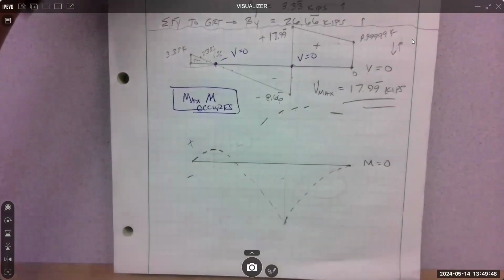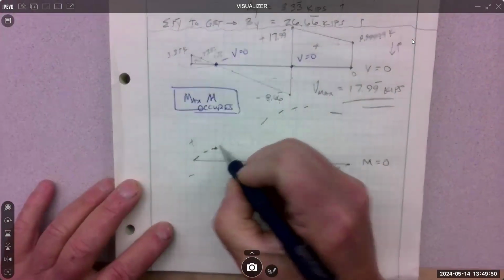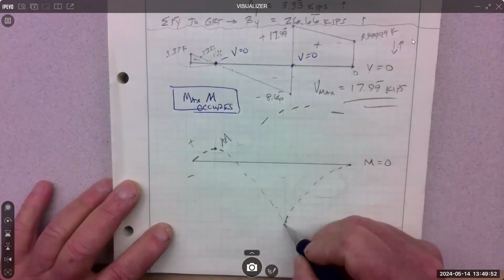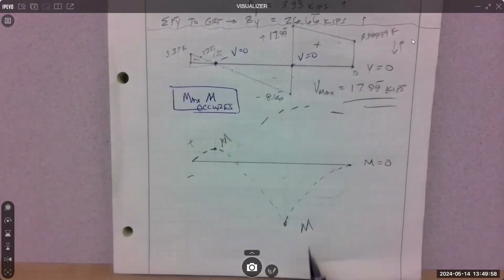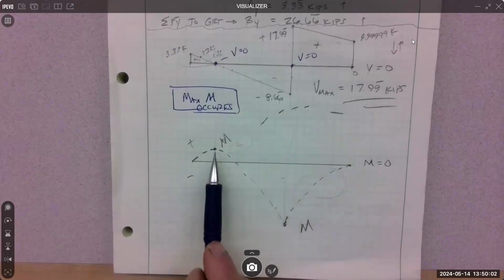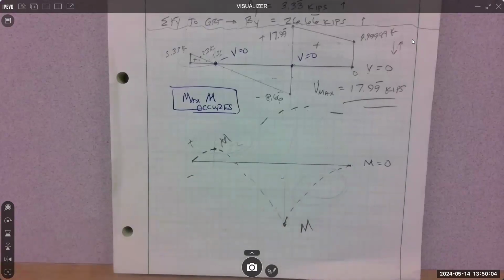Anyway, what we want to know is the moment here and the moment here. Just based off the diagram, I'm pretty sure this is going to be our max, but it's always good practice to calculate both maximums and minimums.